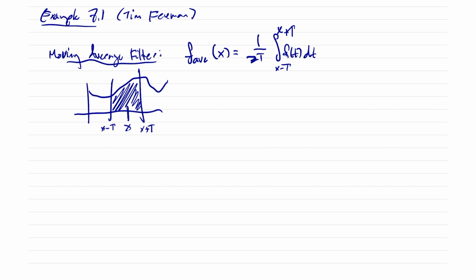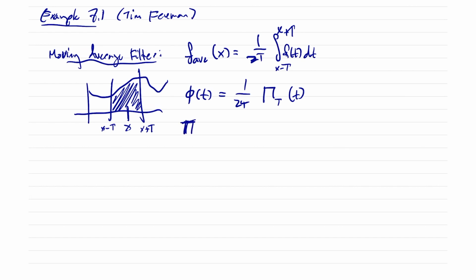So let's take a look at another way that we can represent this. There's another function we're going to introduce here, and this is going to be phi of t, which itself is going to be 1 over 2t of the square wave, which we're denoting by this upper little square thing, of t at t, which itself is defined this way.